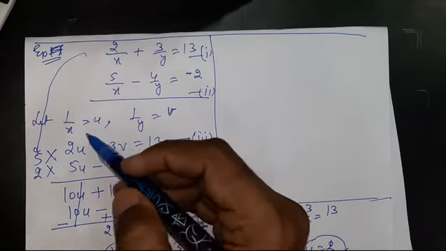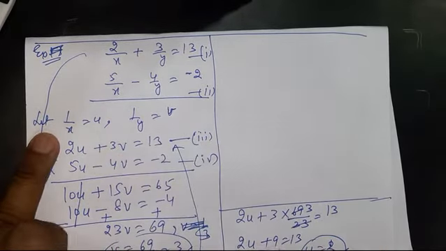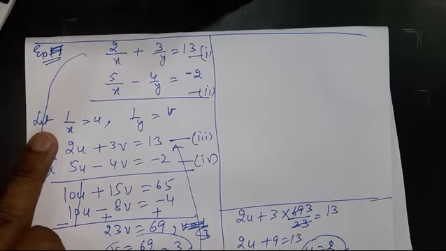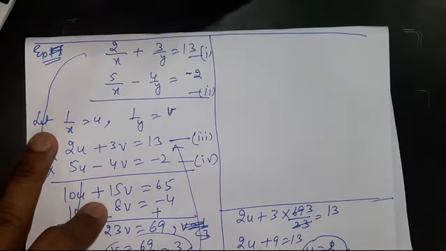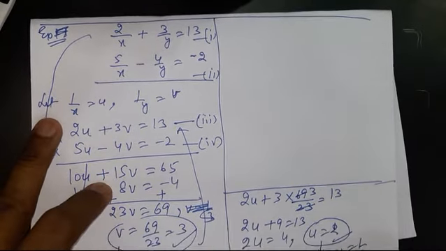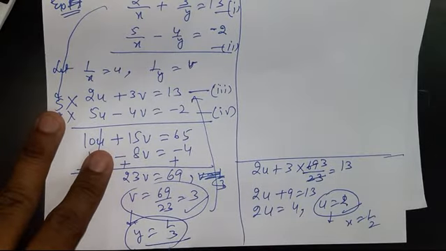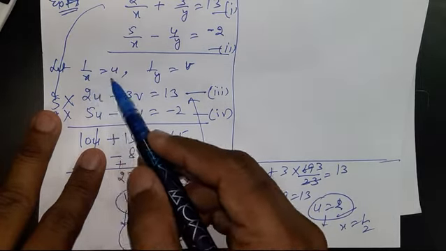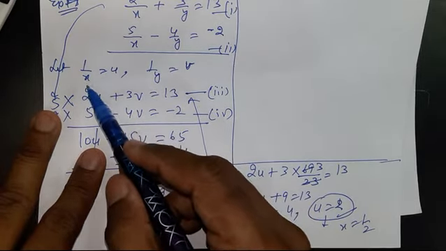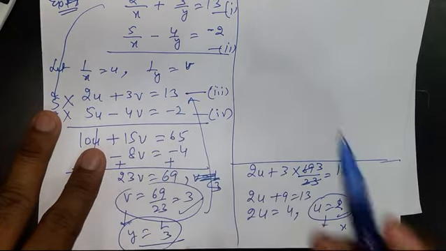As you know, 1 upon x is equal to u, so x will be equal to 1 by 2 and y will be equal to 1 by 3. These are the two solutions over there. You can get x is equal to 1 by 2 and y is equal to 1 by 3, because we have earlier assumed that 1 upon x is equal to u and 1 upon y is equal to v.